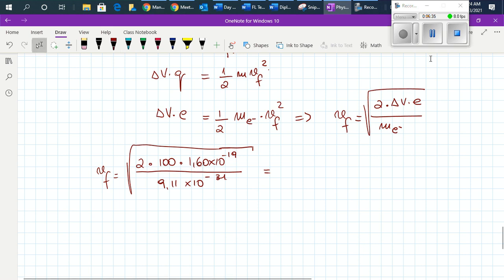And just keep in mind that the velocity cannot be greater than the speed of light, because nothing exceeds the speed of light. Hopefully those numbers will give us a result that is not exceeding the speed of light.